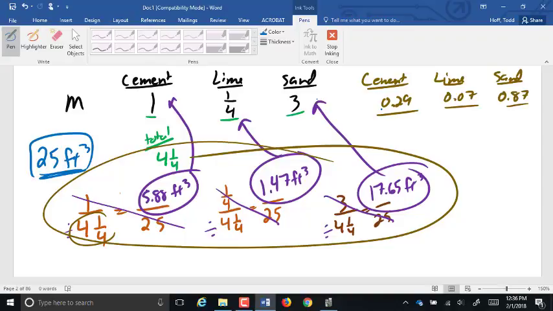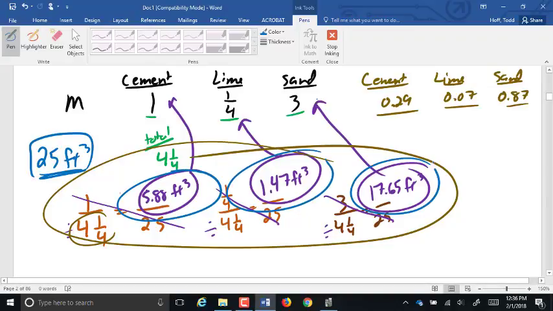Same with Portland, and Portland cement is much smaller particles than either lime or sand. So it actually hides in those little gaps between the particles. So if you added these up, you actually get like 1.13 or something like that cubic feet. It fills in the voids in the sand, so you don't get a true total. So the numbers that we calculated are actually going to be a little bit small anyway.